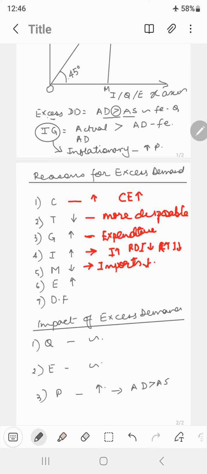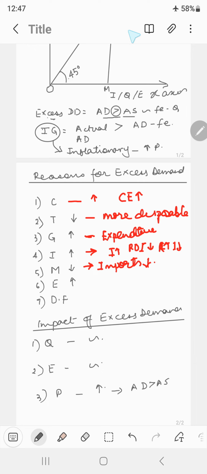It could be because imports have gone down because the international prices have increased compared to the domestic prices, and if this happens, again what will happen is the demand for locally produced goods would increase, and if demand increases beyond the capacity to produce, there could be excess demand in the economy.